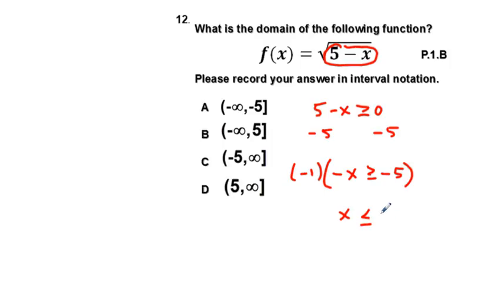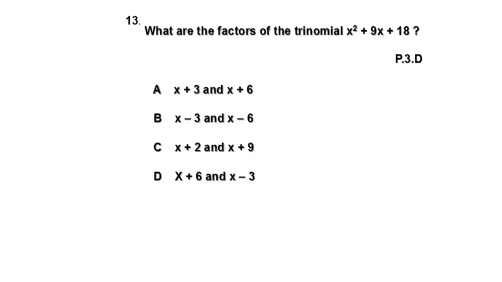X is less than or equal to 5. And so that is going to be found right here in answer B. Then if you graph this function, which I'm not going to do, it looks like this, 1, 2, 3, 4, 5. You have a backwards looking square root function, which confirms answer B.